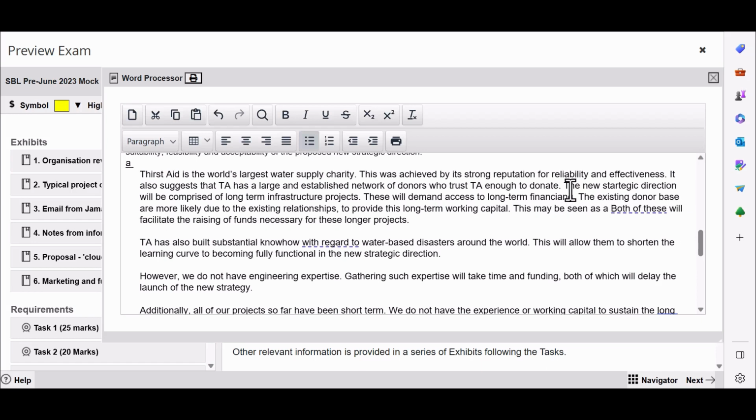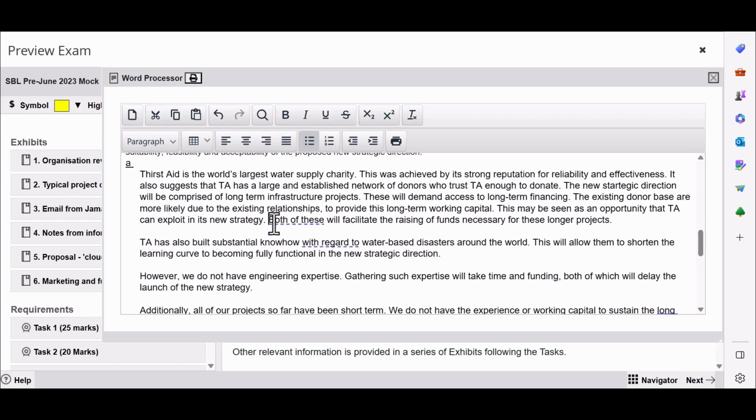This may be seen as an opportunity that Thirst Aid can exploit in its new strategy. That's application. All right, so you see the difference.